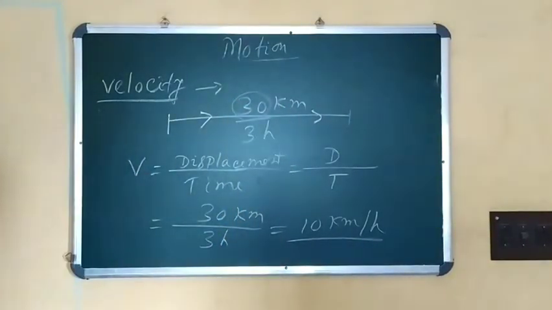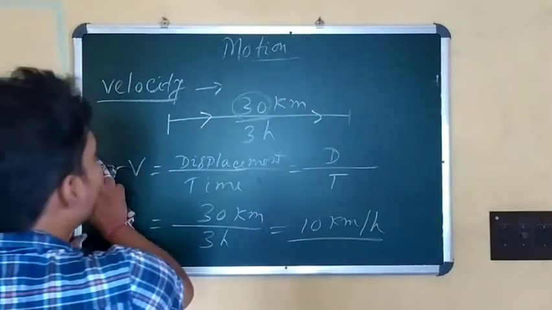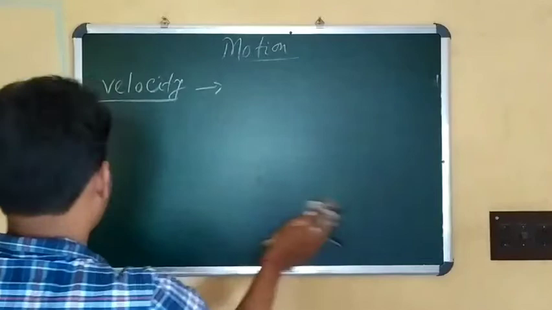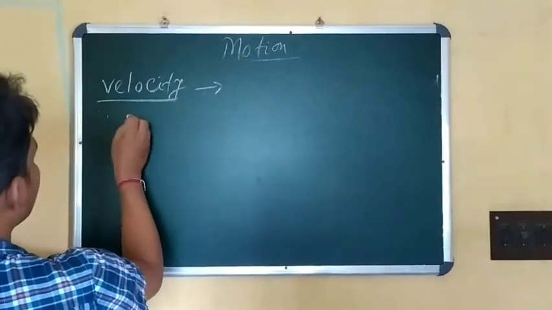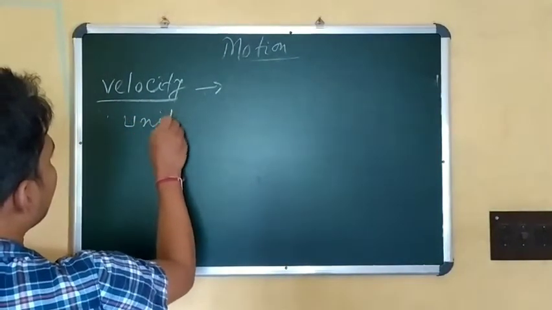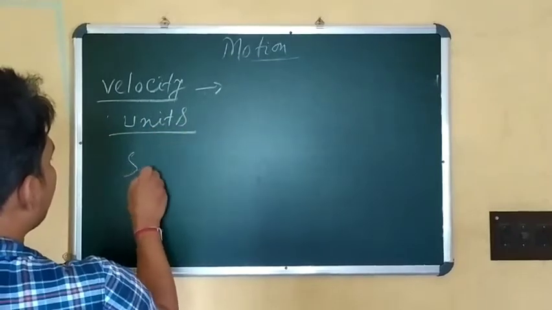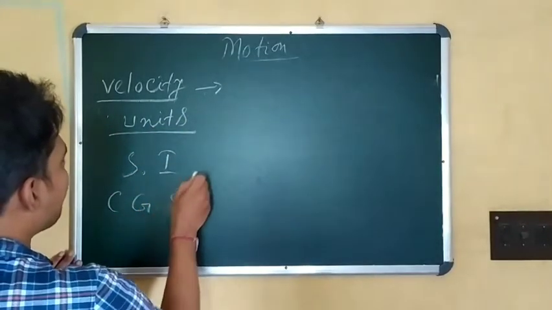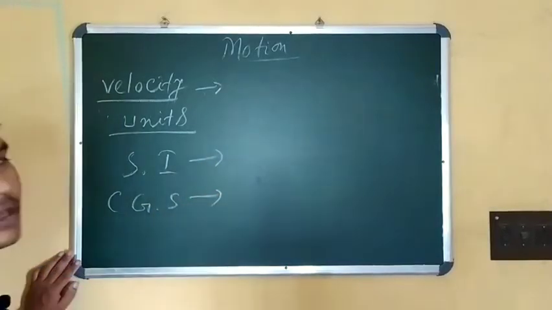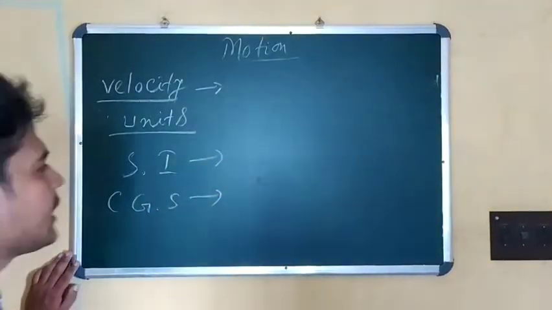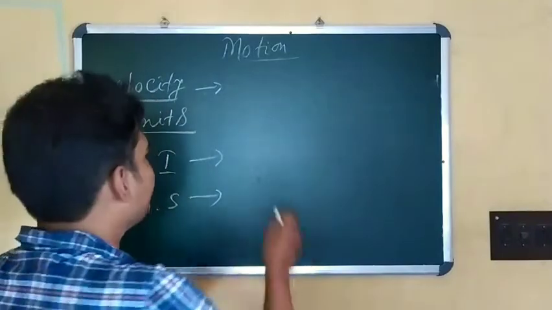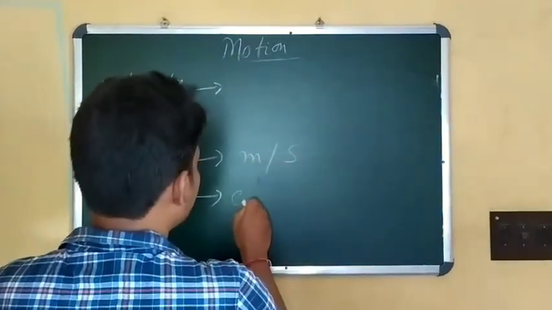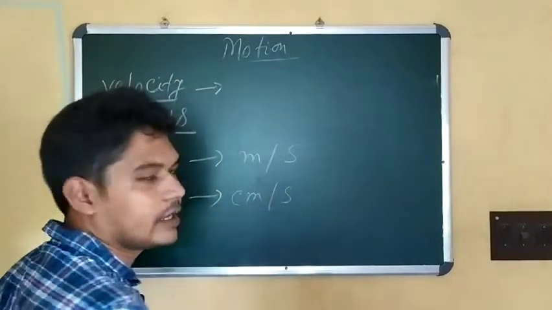Okay. Now what are the units of velocity? SI unit and CGS unit, both the units are the same as the speed. That means it is meter per second and it is centimeter per second.